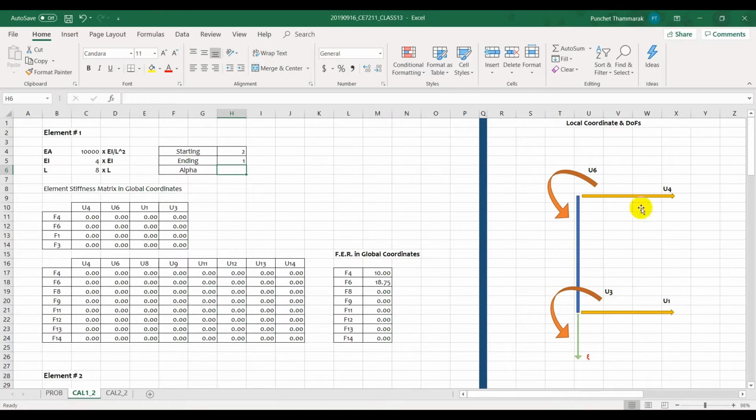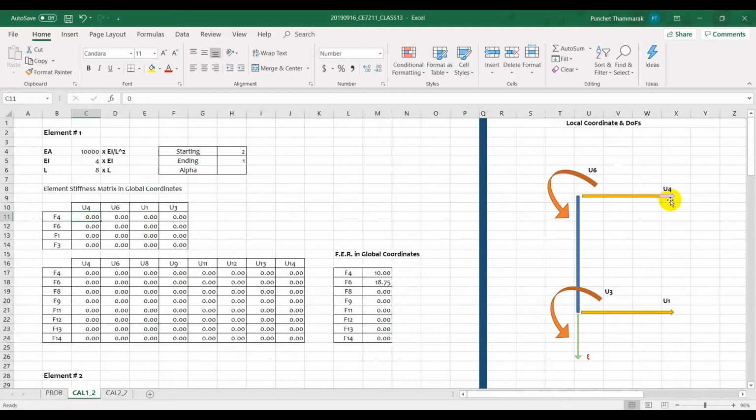So if I come up with the element stiffness matrix for this frame member in local coordinates, I can just make use of it directly and plug it into the global coordinate setup. So you will see in the following.